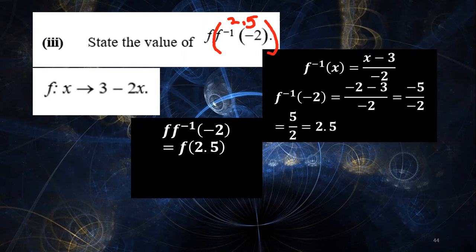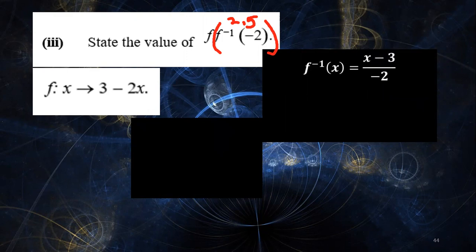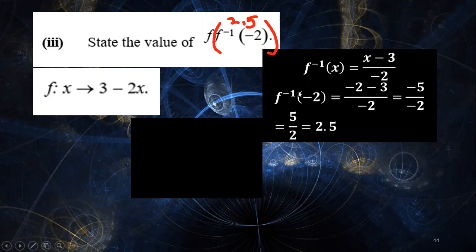All right, so let's look at it one more time. First, we know that f inverse of x is going to be x minus 3 over -2. So f inverse of -2, we're going to replace the x with -2. Simplify the top, we get -5. We have -2 at the bottom. So -5 over -2 will give me 5 over 2, which is 2.5. Hence, f inverse of -2 is 2.5. That's what I have here. So f of f inverse of -2 is actually f of 2.5.